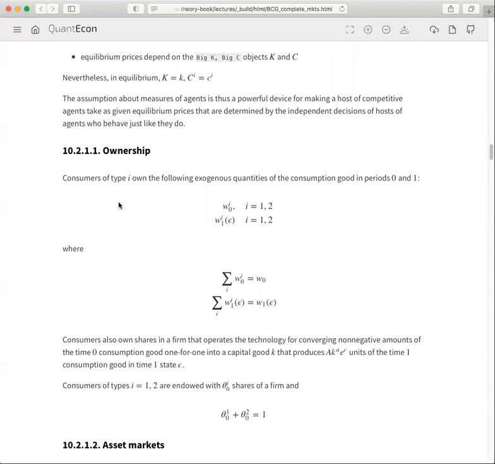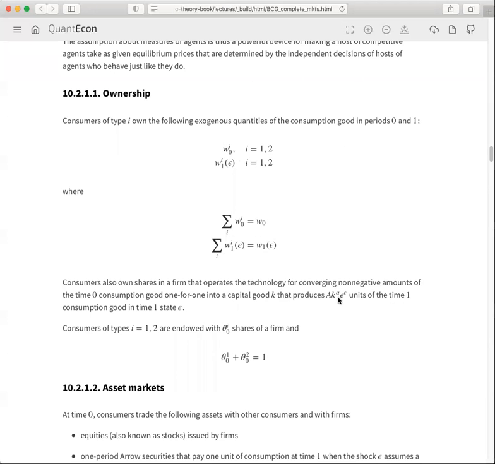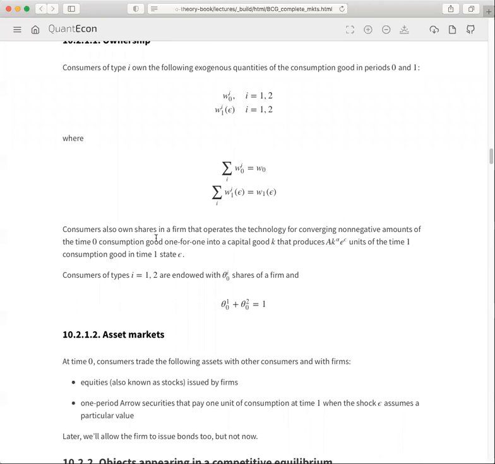Okay, ownership of type, ownership. So now in a planning economy, we didn't have to worry about ownership. The planner just took custody of everything, told people what to do. But now we're going to have consumer i own this part of the endowment, and that's going to add up to the total like we had before. Okay. Now, in addition, we have to say consumers are going to own shares in a firm.